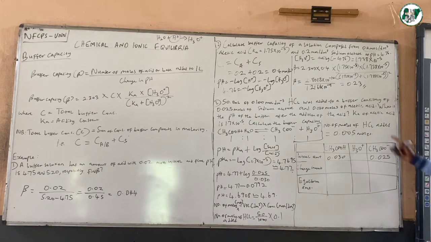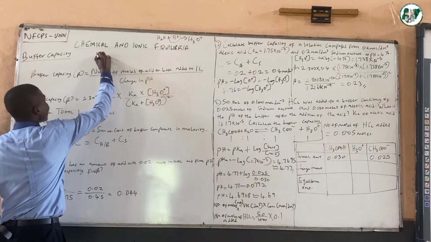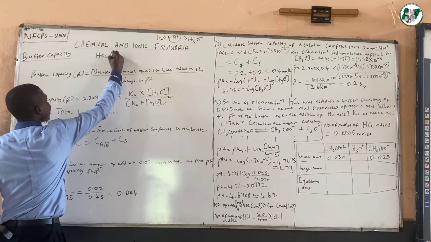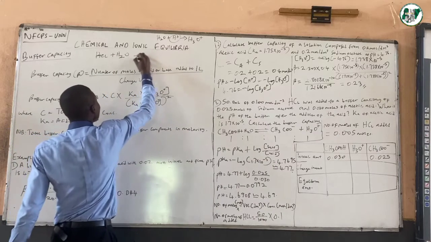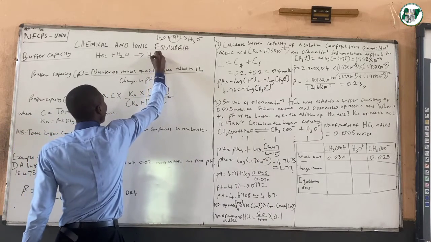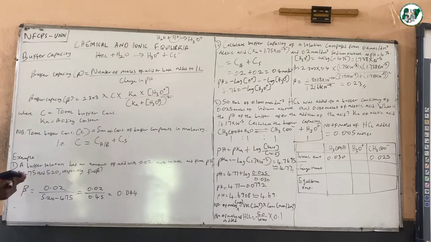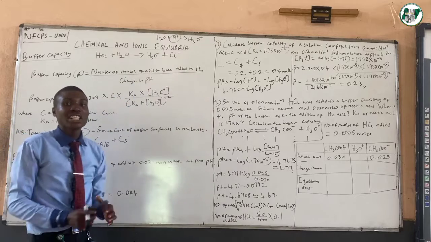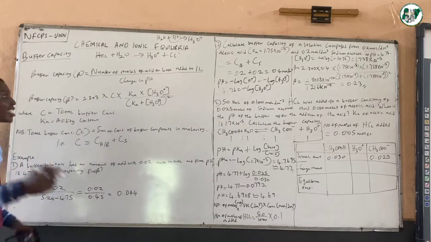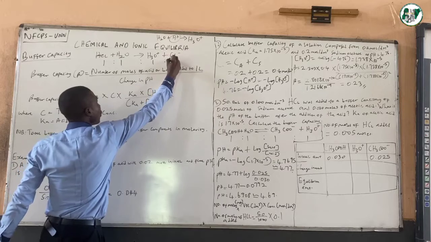And we know that when HCl is added in the presence of water, what is going to be released is H3O plus and Cl minus. So what it means is that there will be addition of what? H3O plus in the solution. And this equation is a 1:1:1 equation.